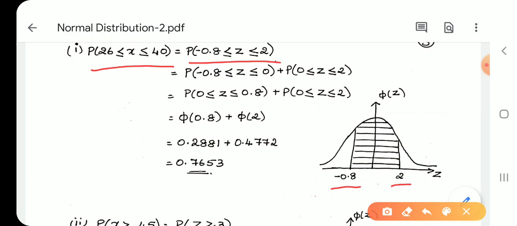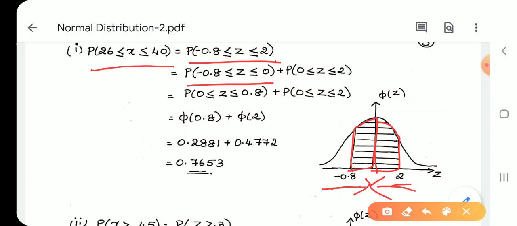This shaded portion can be split into two: one portion on the negative side, P(−0.8 < Z ≤ 0), and the portion on the positive side, P(0 < Z ≤ 2).